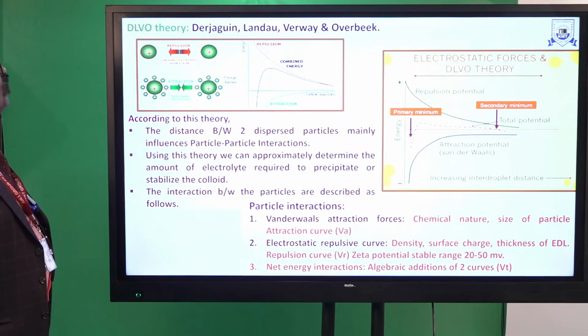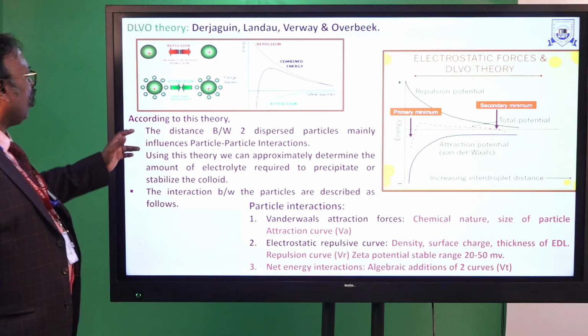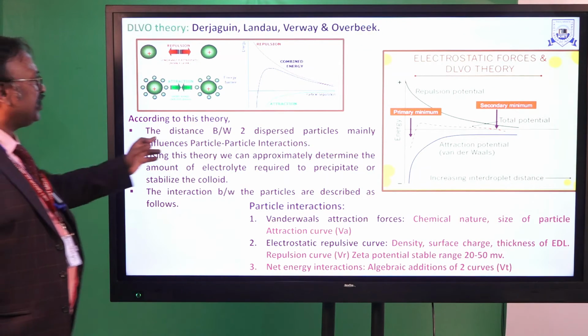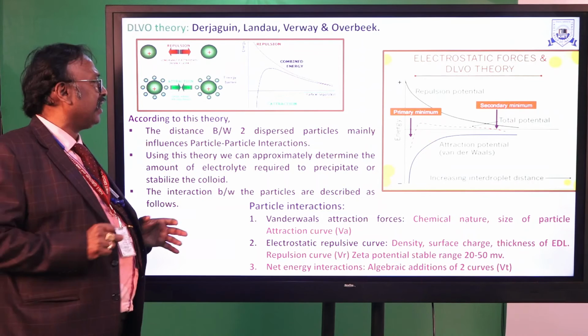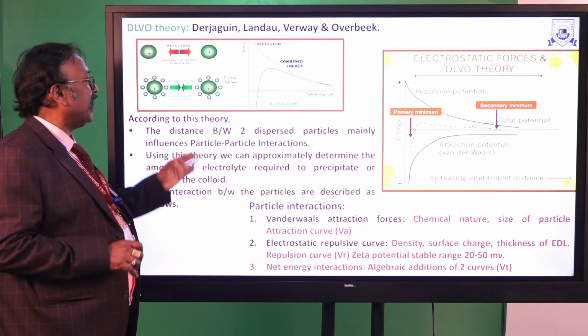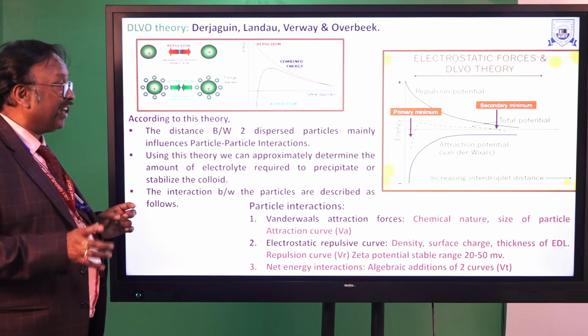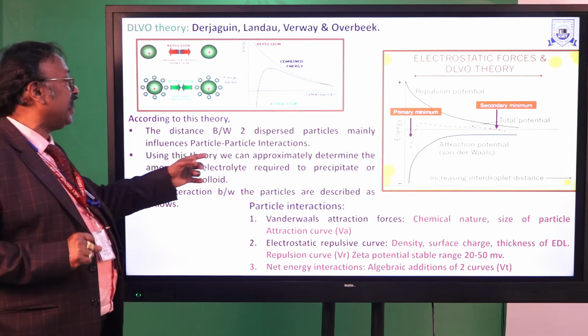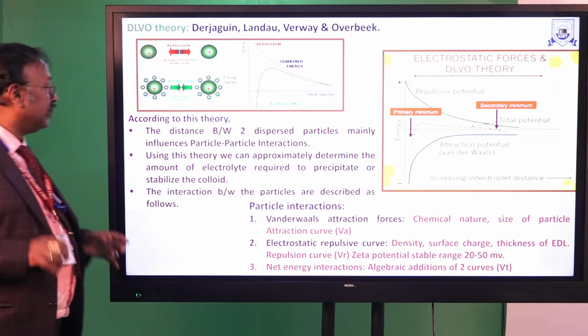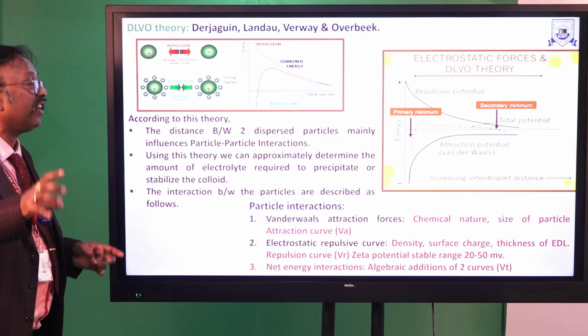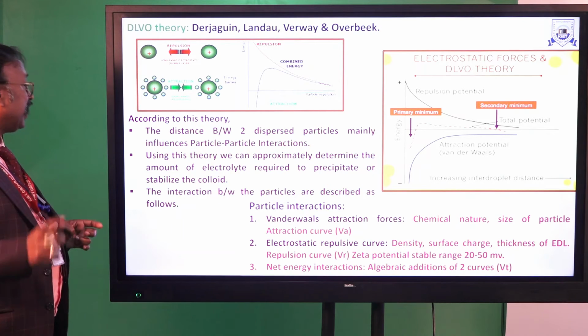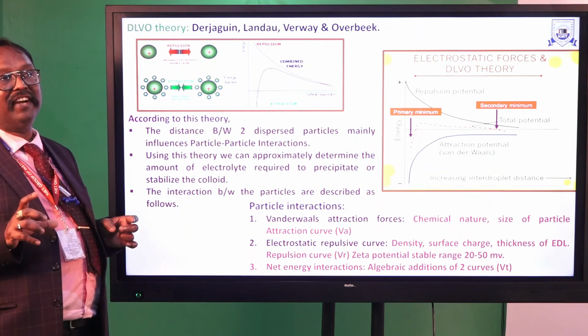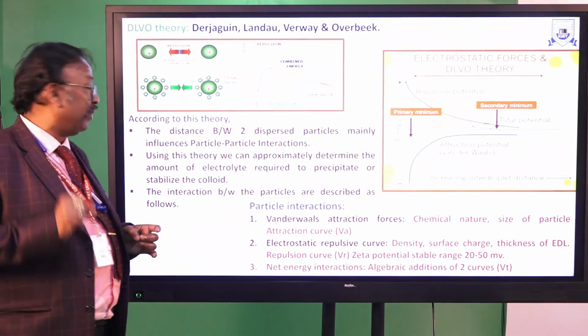According to DLVO theory, the distance between the dispersed particles mainly influences the particle-particle interaction. Using this theory, we can approximately determine the amount of electrolyte required to precipitate or stabilize the colloid. Then only we are going to get a stable colloid.